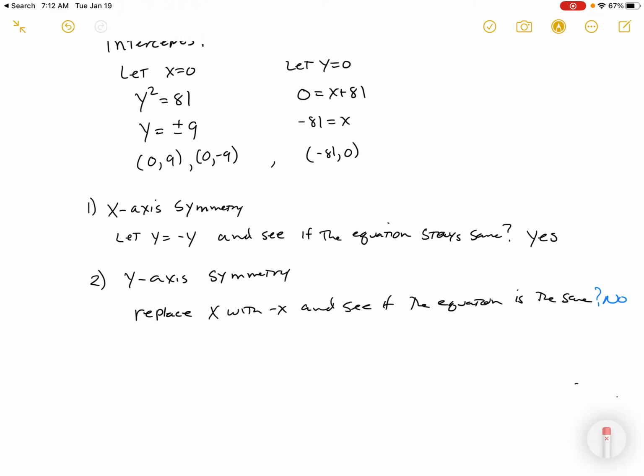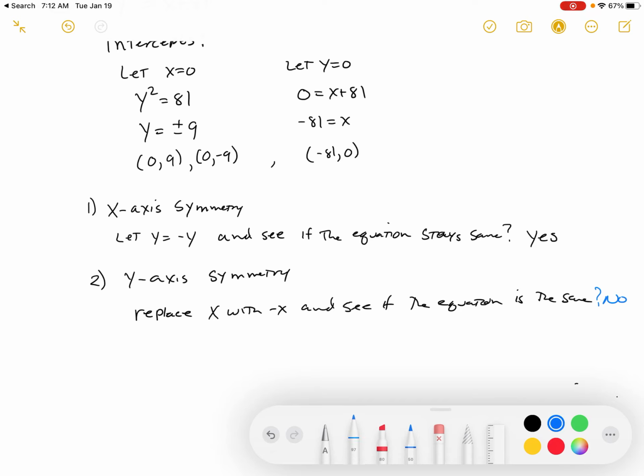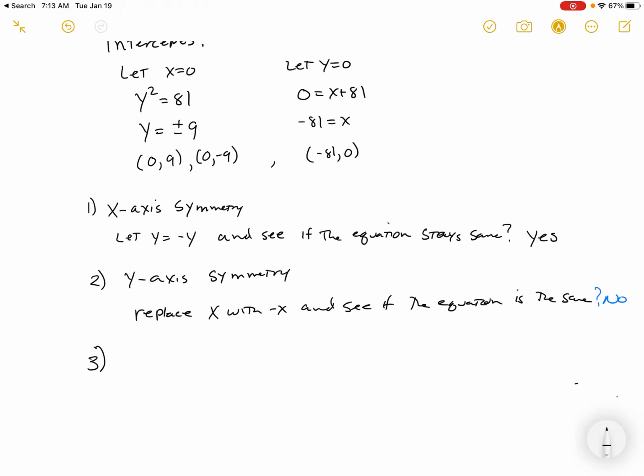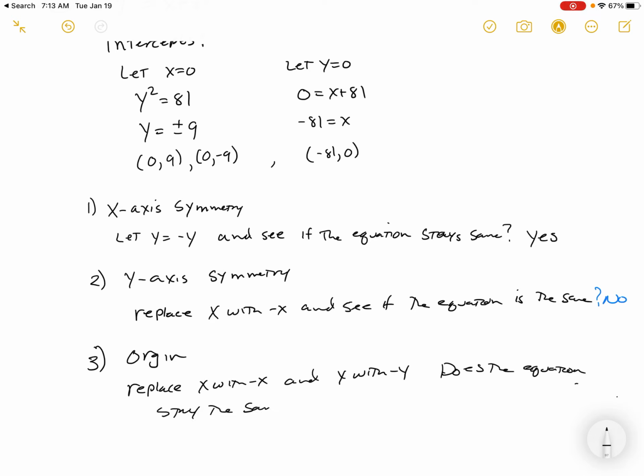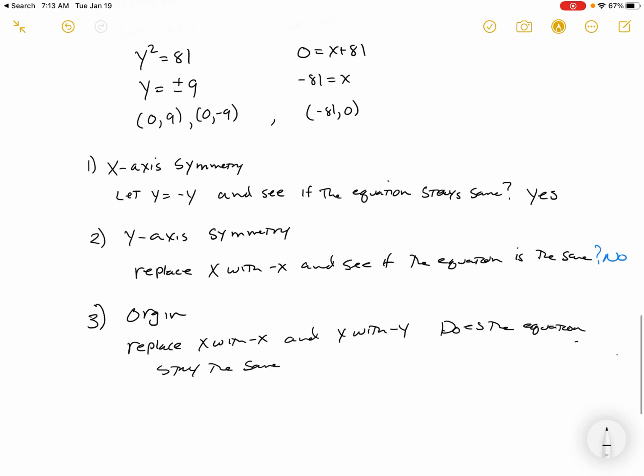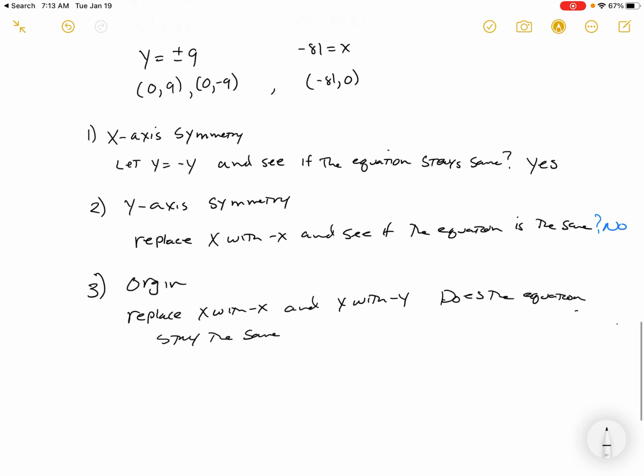And then remember with the origin, what you do is replace x with negative x and y with negative y, and ask yourself, is the equation the same?